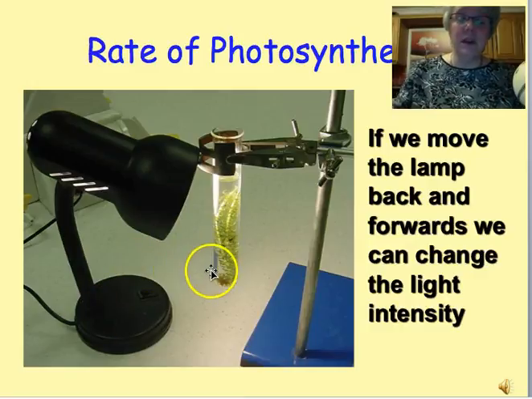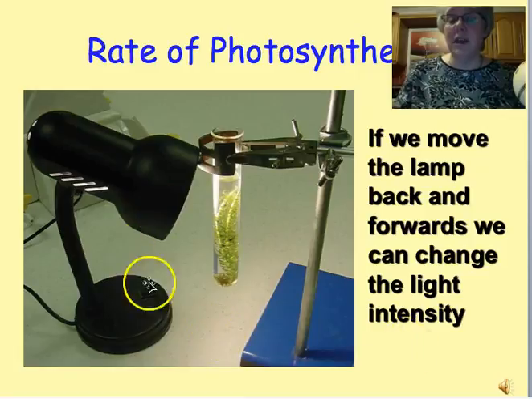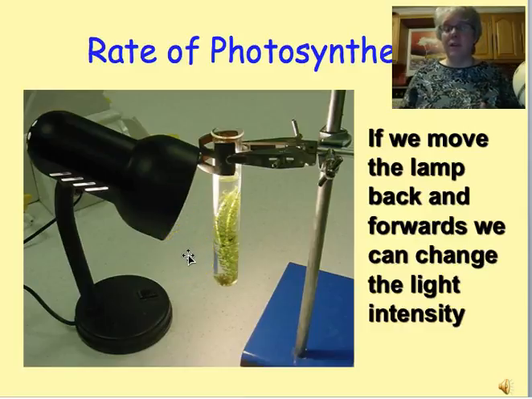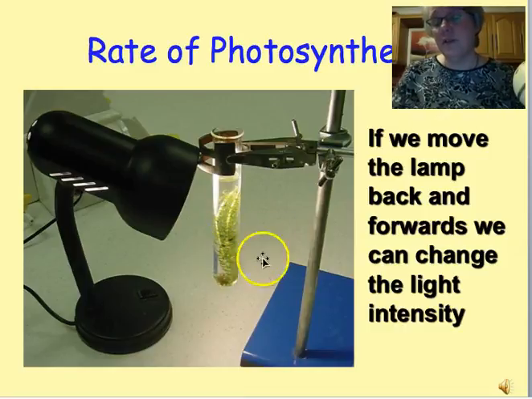Now, there is an experimental error with this, because we're changing the light intensity in this experiment. And one of the problems is, remember that if you're changing one variable, you have to keep all the others the same. So we're keeping our carbon dioxide concentration the same because we will use a certain concentration of bicarbonate.